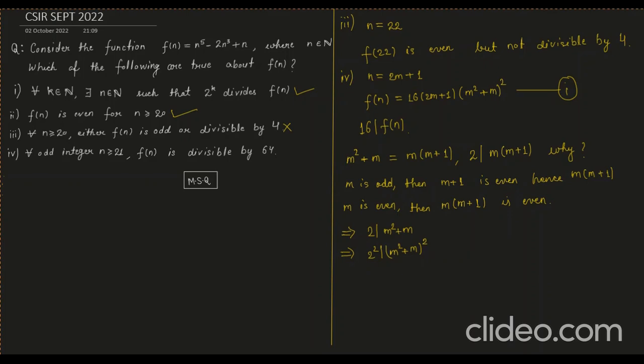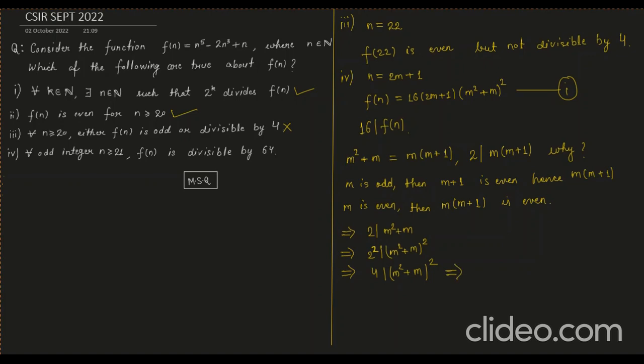Because of the properties of prime numbers, you can say, if 2 divides m square plus m, then 2 square also divides (m square plus m) whole square. So it implies that 4 should divide (m square plus m) whole square. What does that mean?